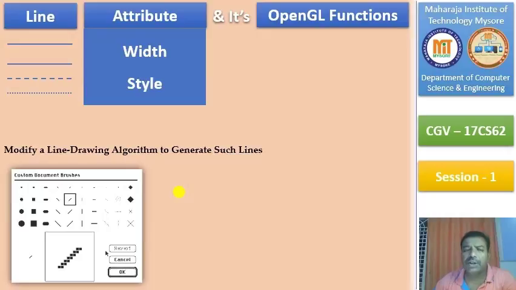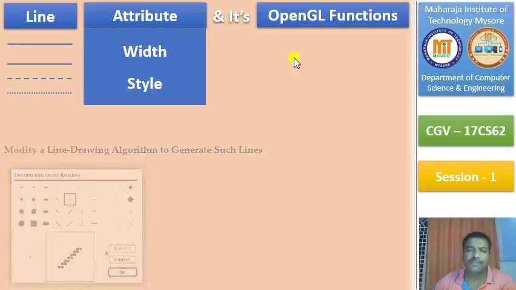If your OpenGL has been configured or installed with this package, you can make use of it. If there's no such package, either we need to modify the existing line drawing algorithm, or there are a few limited OpenGL functions which will help you in handling the width of a line or the style of a line. Now we'll look at how to handle the width. Later we'll look into the style.